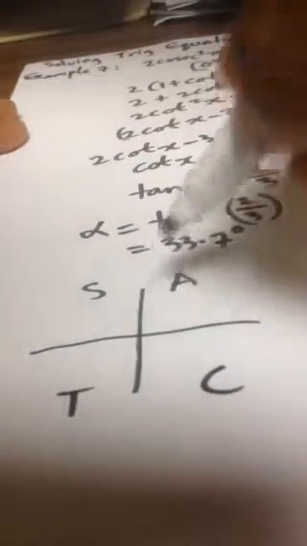Tan is positive in the first and third quadrant, so we draw in our reference angle 33.7 in the first and third quadrants.